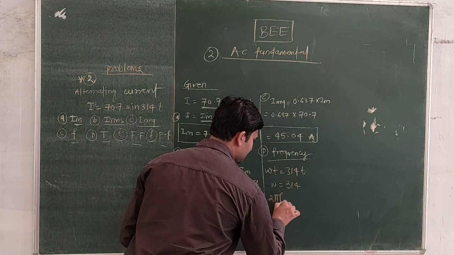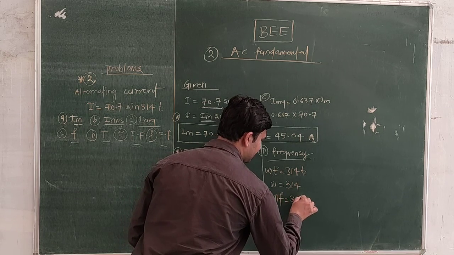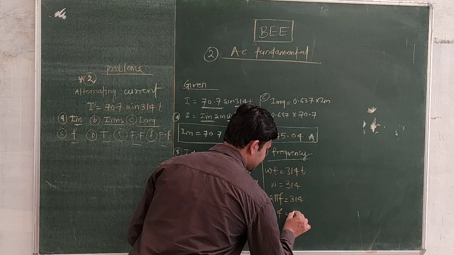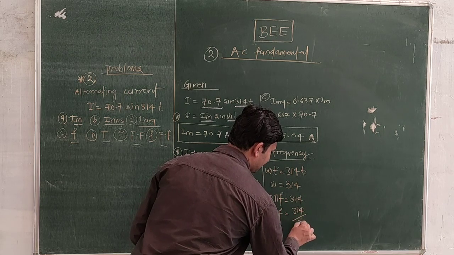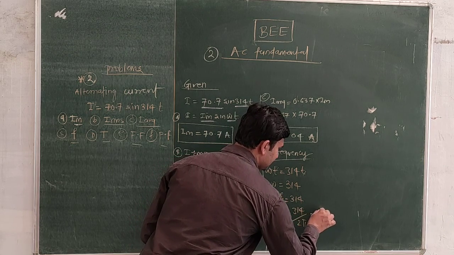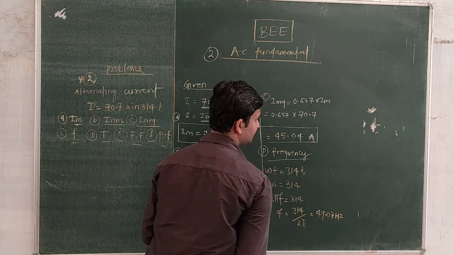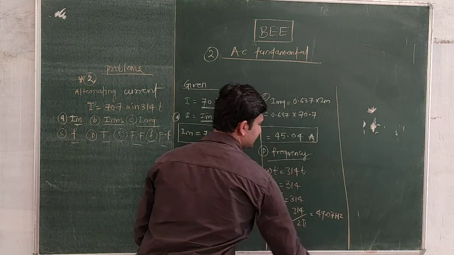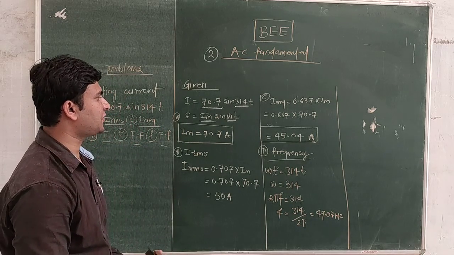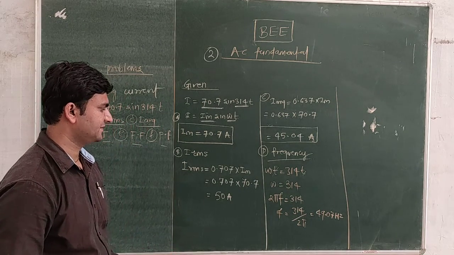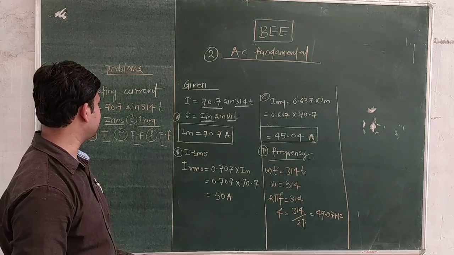Omega is nothing but 2 pi f, so f = 314 divided by 2 pi, which is 49.07 hertz. This is the answer for the frequency.